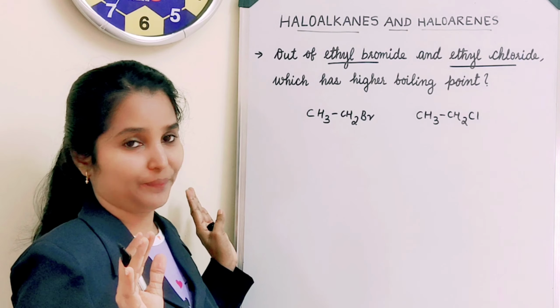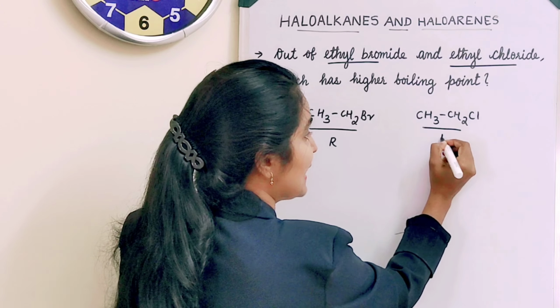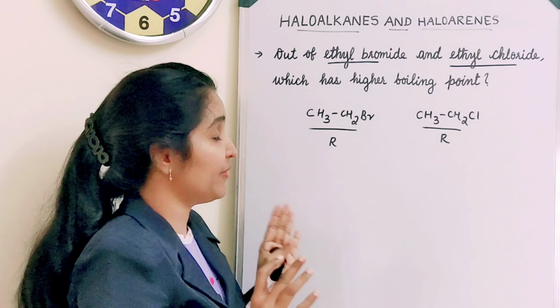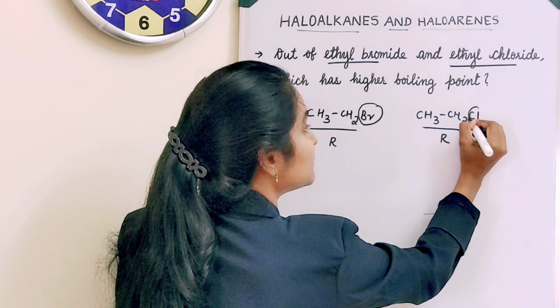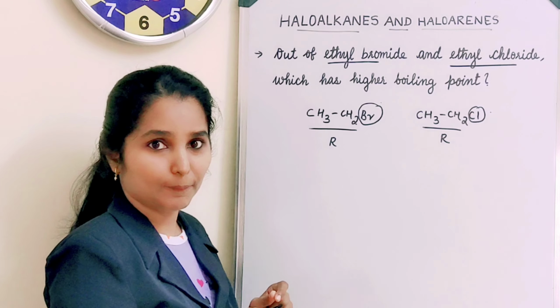Here what you have to keep in mind is the alkyl group is the same in both cases. What is different here? Only the halide is different. Here it is Br and here it is Cl.